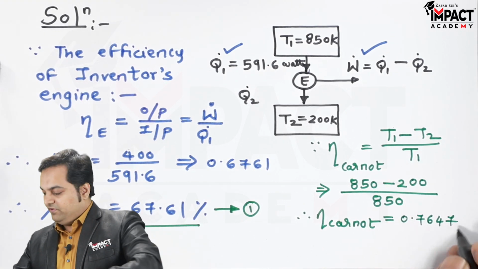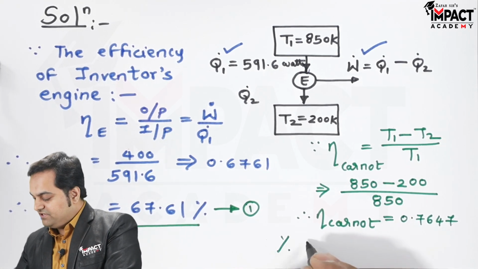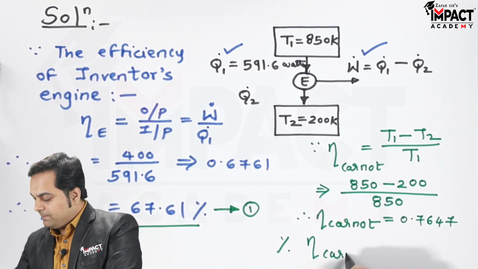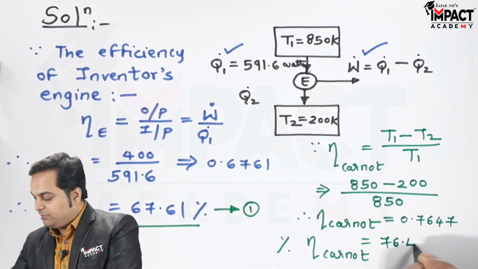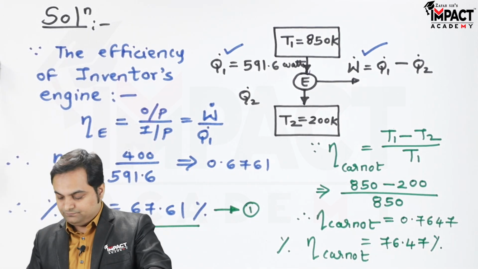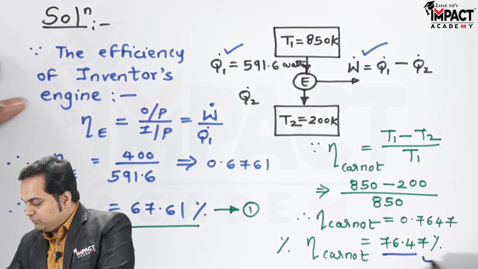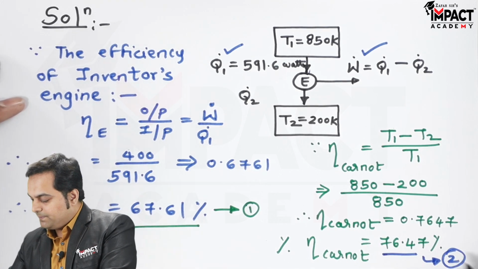It is 0.7647, or multiplying with 100, the percentage efficiency is 76.47%, and that is the second equation.